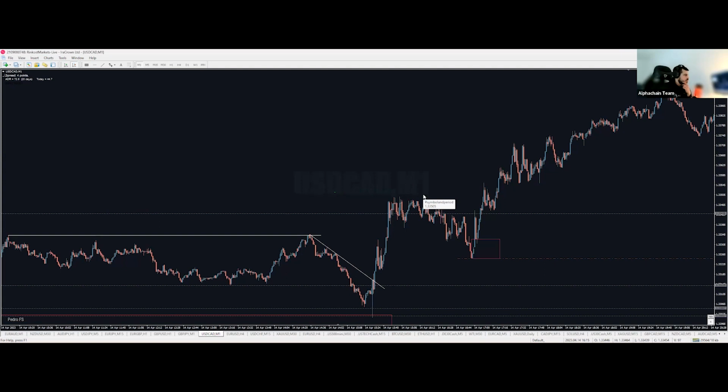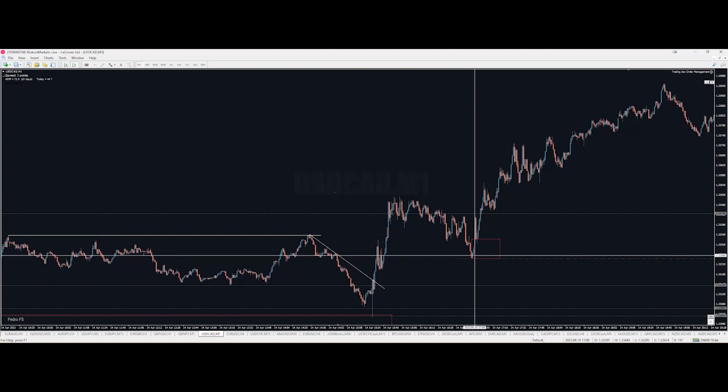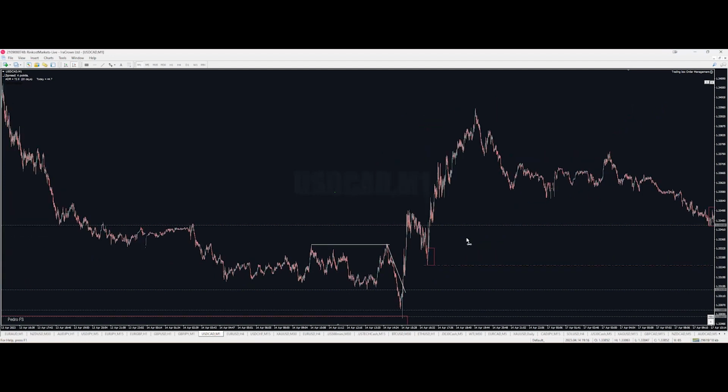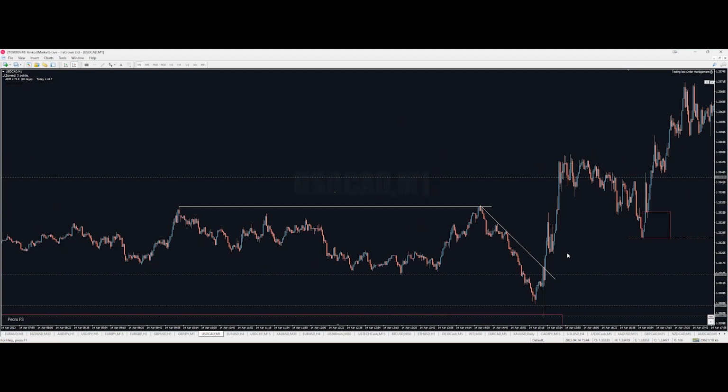Once it entered into my points of interest on the 4-hour chart, obviously I broke into the lower time frames to see the structure be broken to the upside. Once I've seen that, I tend to look for the first correction, the first zone that caused the price to break up, which is to your left, and then take that as a zone to take a trade from.